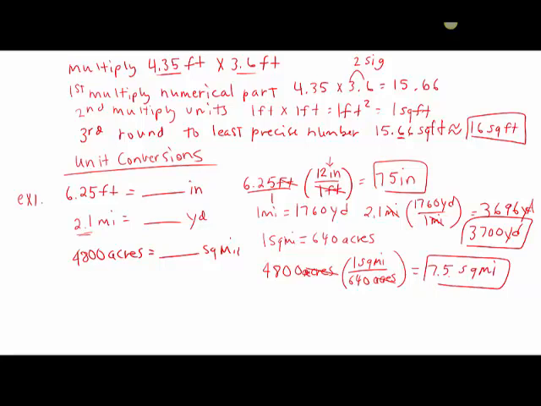Okay? All right, now what do we do? These have been straightforward conversions, but what if we have something like this? What if we have this example? 98.5 feet per second equals, and we're looking for miles per hour.